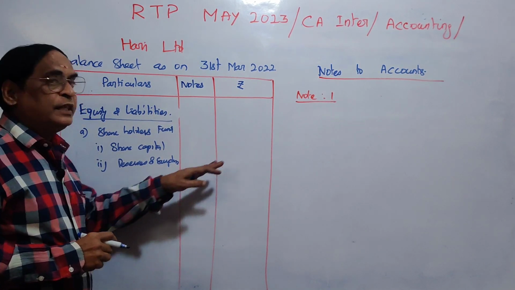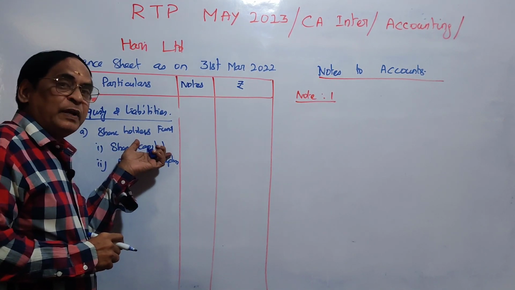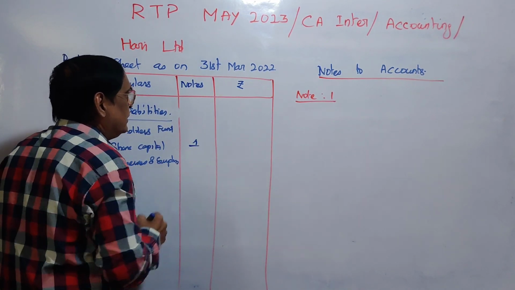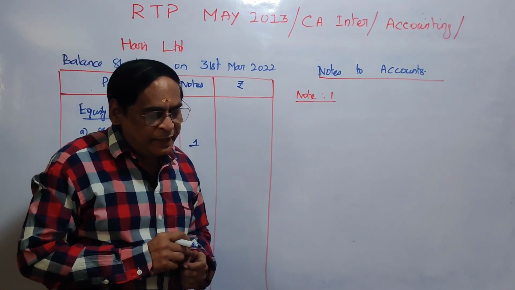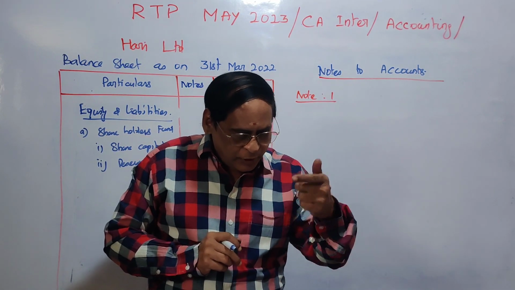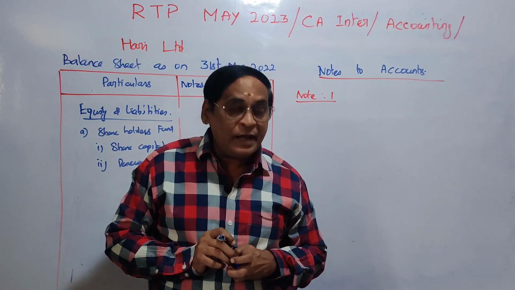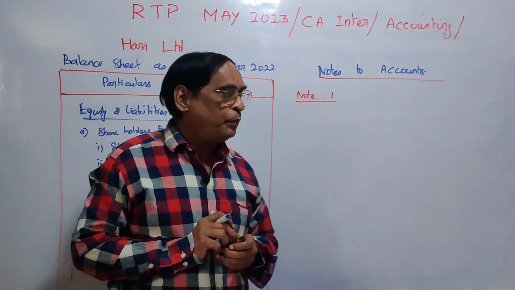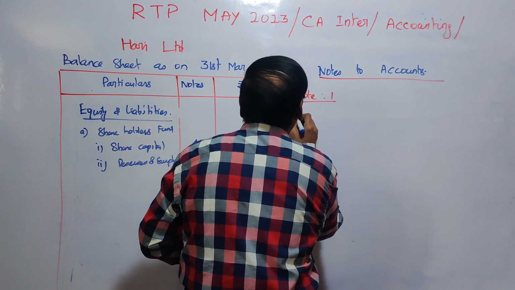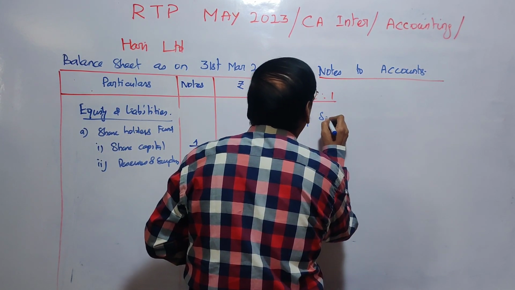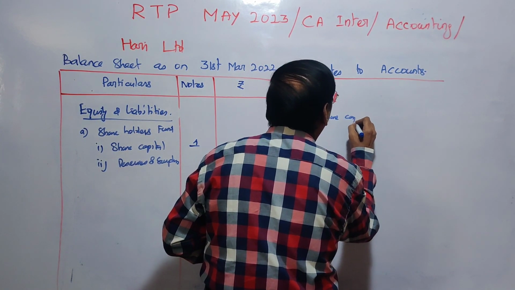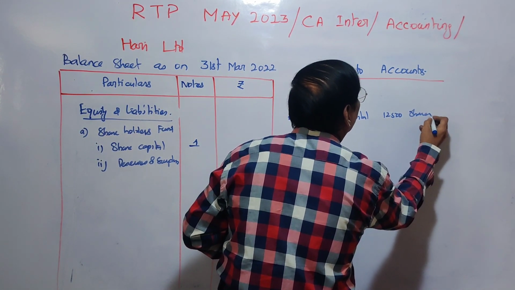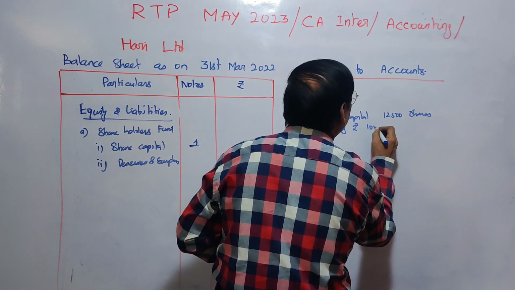So we have to show only the net figure. Every entry must be supported by a note. So Note 1 is for share capital. How much share capital? You can see the question: equity share capital, face value of rupees 100 each. That amount is 12,50,000 rupees. So equity share capital of 12,500 shares of rupees 100 each.